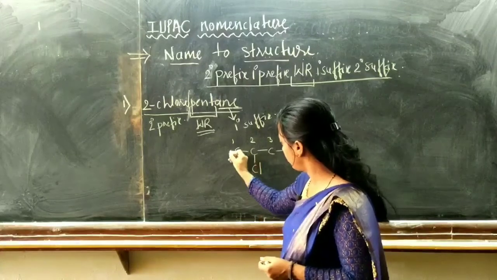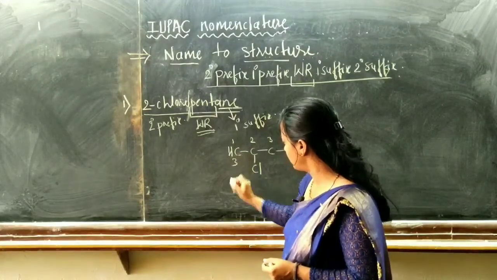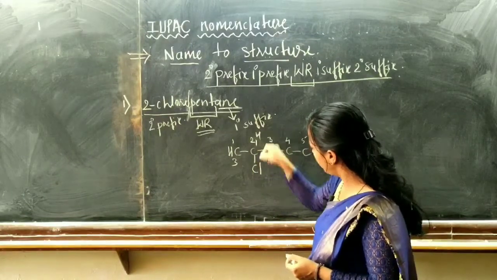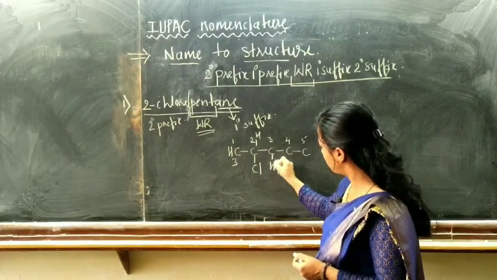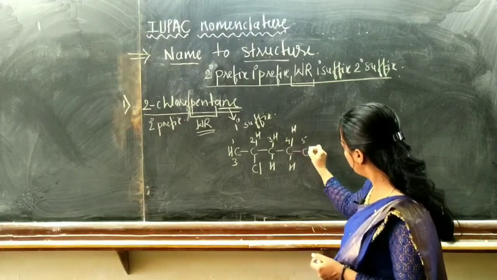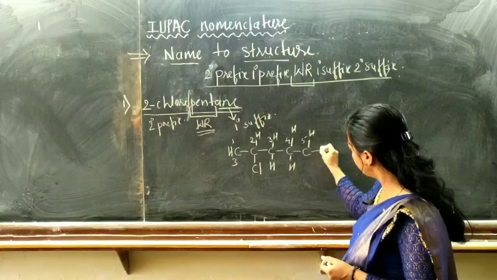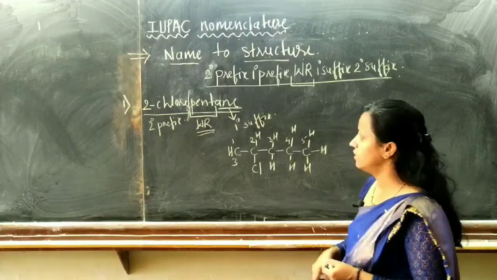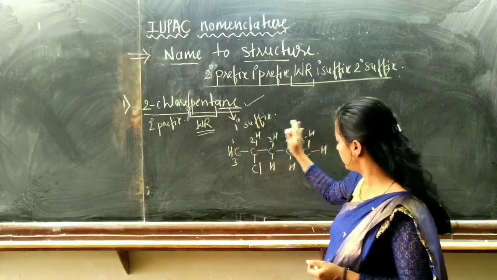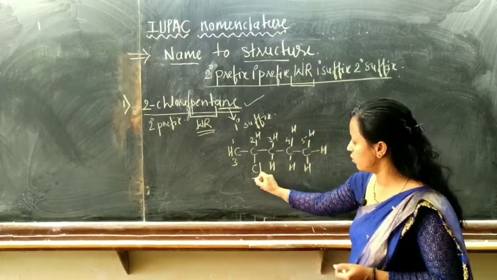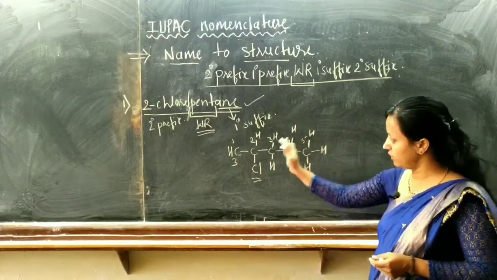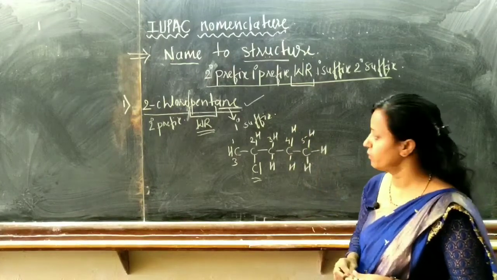So this is how we write the structure of the given name. This is 2-chloropentane, where chloro is the substituent prefix, then the root word and ane, so it is a saturated compound.